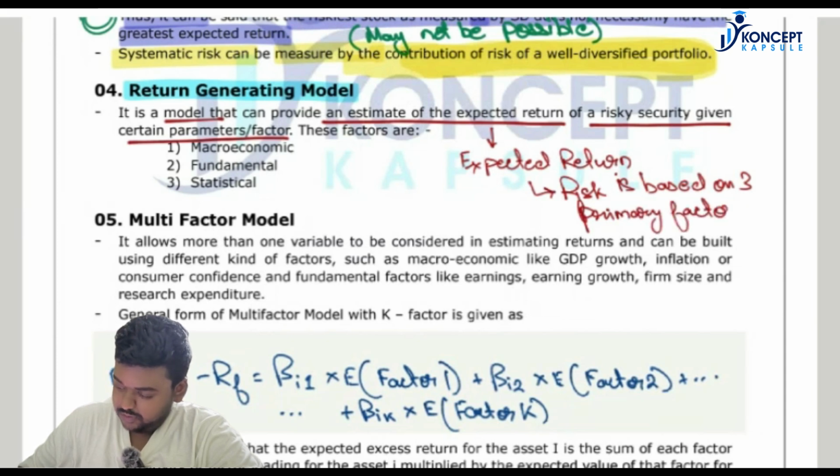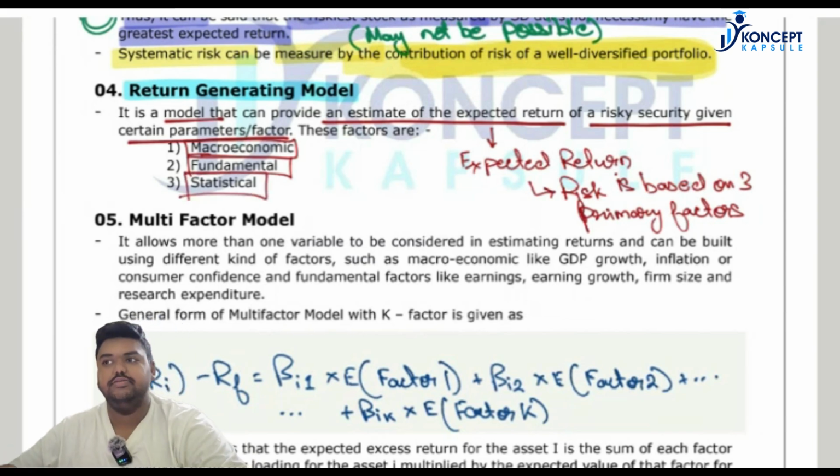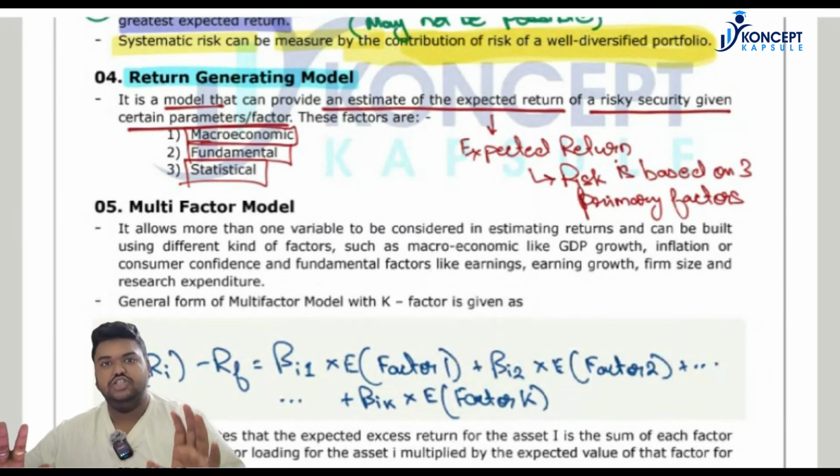What are the three primary factors? First is macroeconomic, second is fundamental, third is statistical. Very theoretical topic. Most of the time it gets ignored and is never tested. Just a small thing.